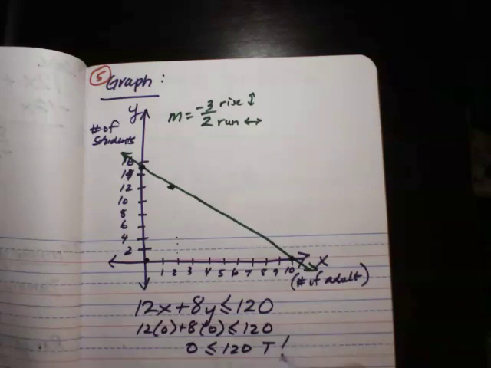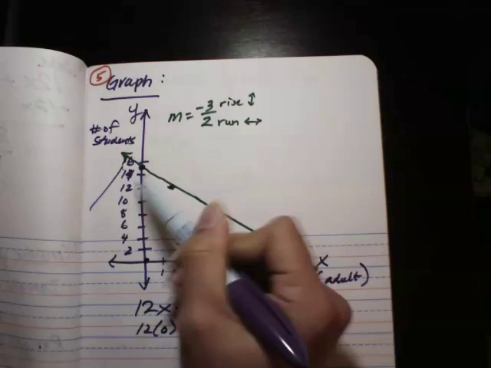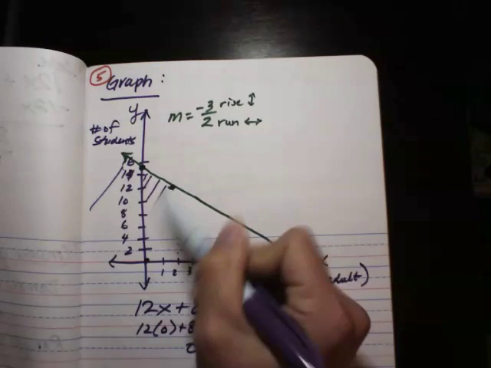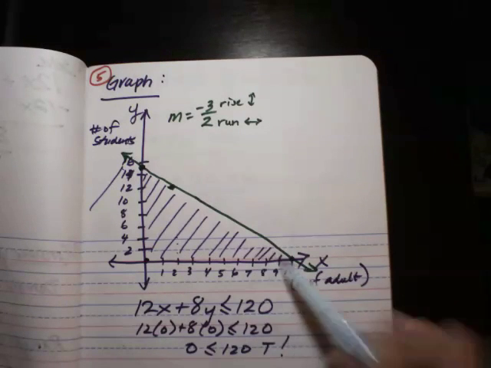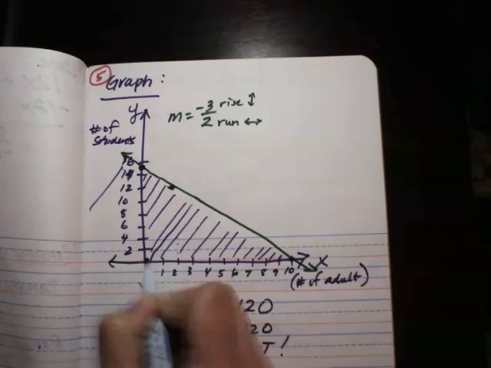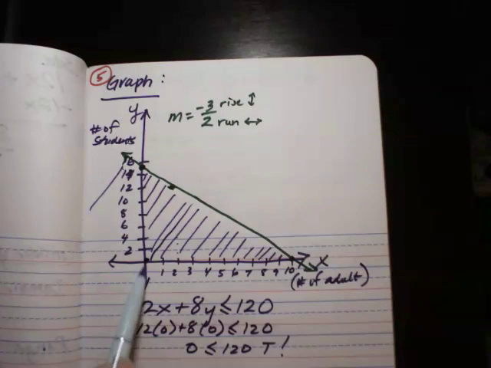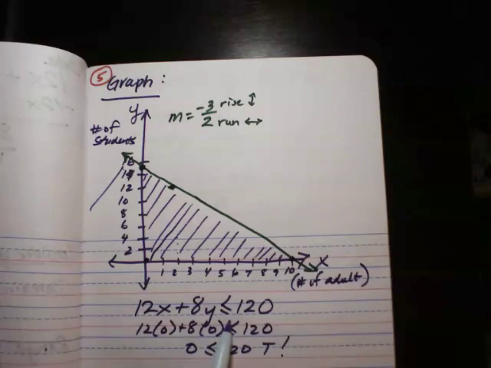This is true, so I will be shading this side. Is that a possible point? Absolutely. With no adults and no students, of course you're going to be within your budget. Notice that I didn't shade in any negative points because it doesn't make sense. We're not even talking about the negative side of the coordinate plane in this case.